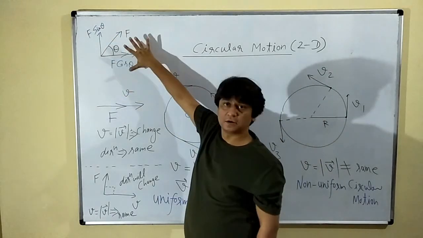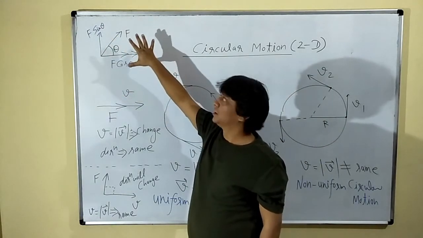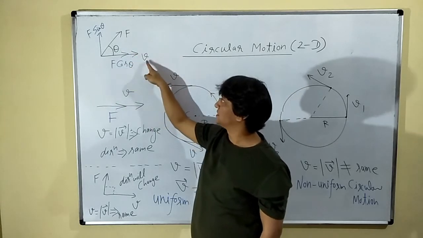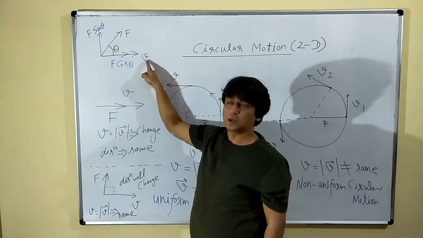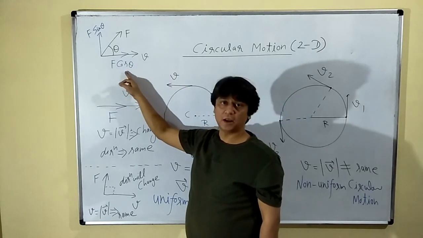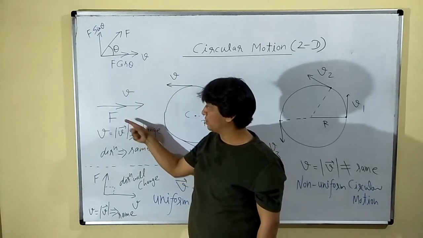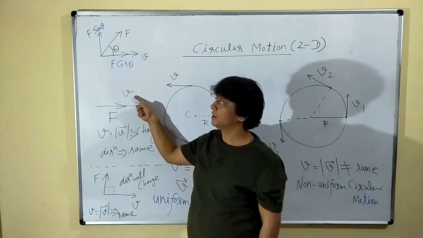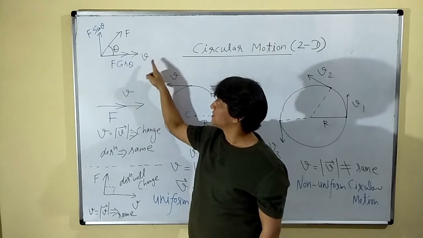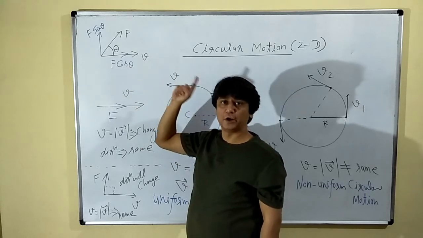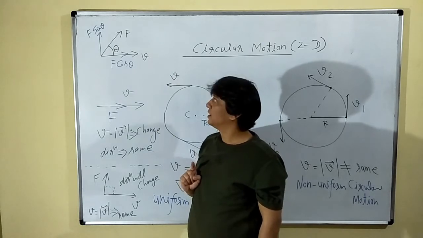This F cos theta is in the direction of V. तो ये जो F cos theta है, ये क्या करने वाला है? ये first situation है. Force is in the direction of V. This F cos theta, since it is in the direction of V, will change magnitude of velocity.